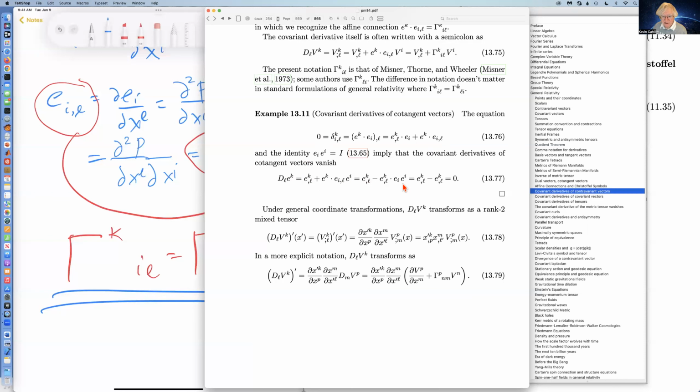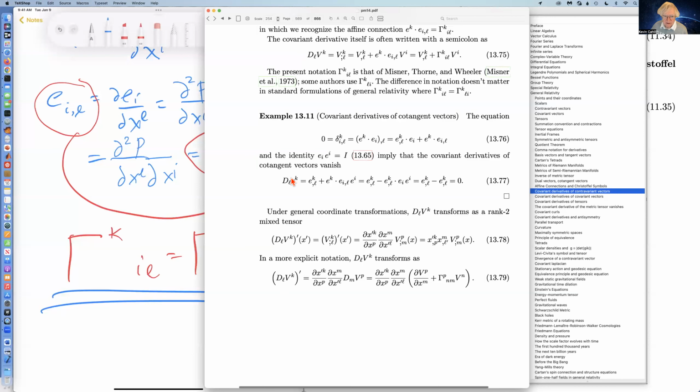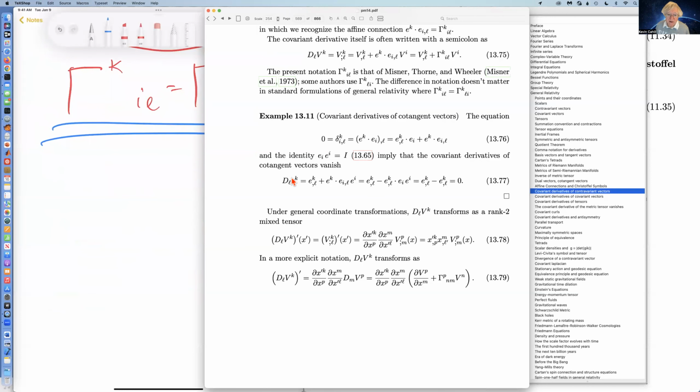On the other hand, this product here is an outer product of E lower I with E upper I. This is the identity matrix. And so this turns out to be EKL minus EK lower L, and so it vanishes. So this is a proof that the covariant derivatives of the cotangent vectors vanish.